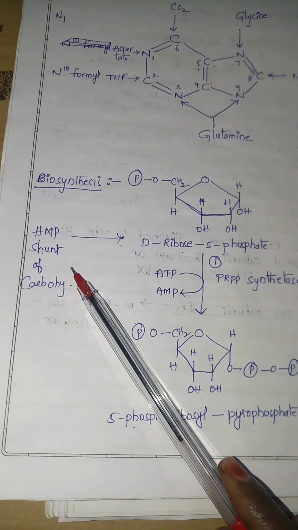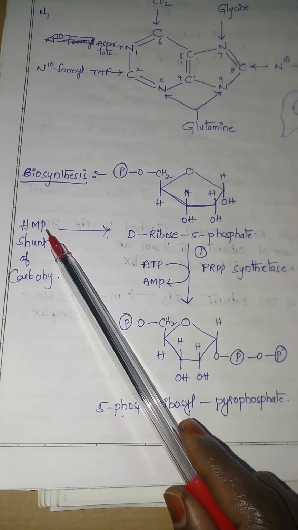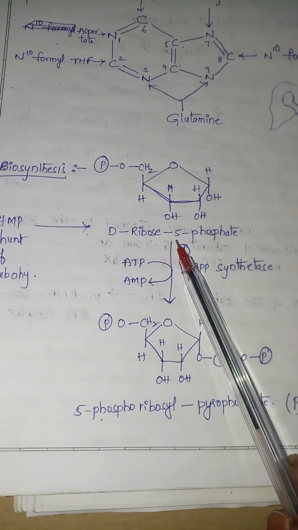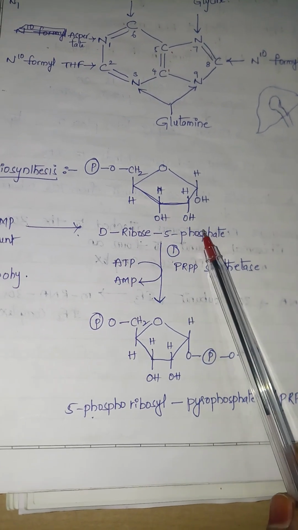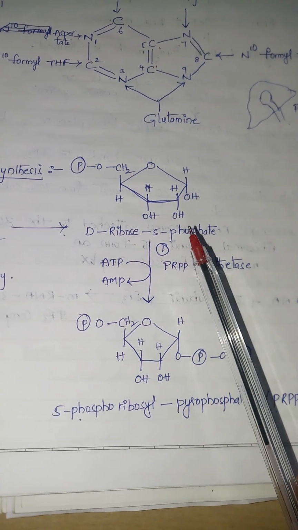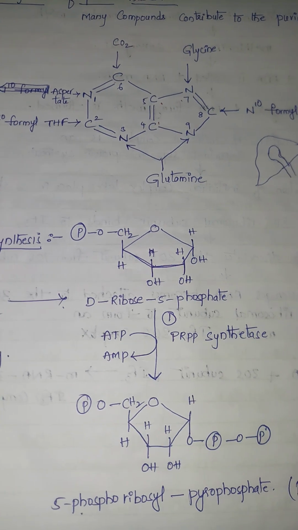In the HMP shunt, the end product is ribose 5-phosphate. It is the starting material of purine nucleotide biosynthesis.